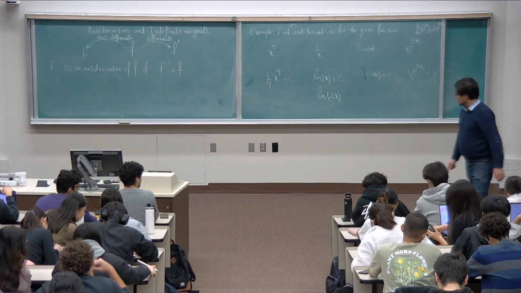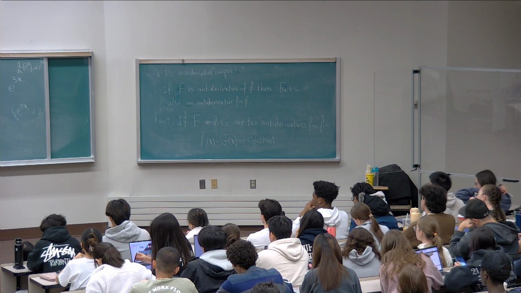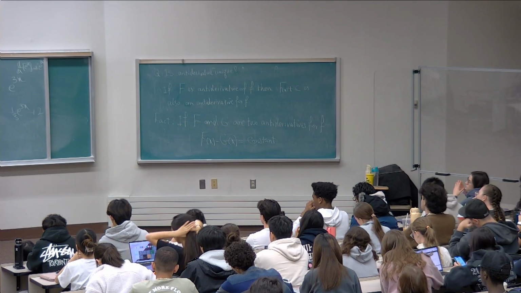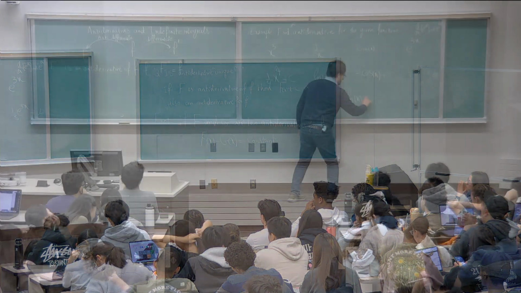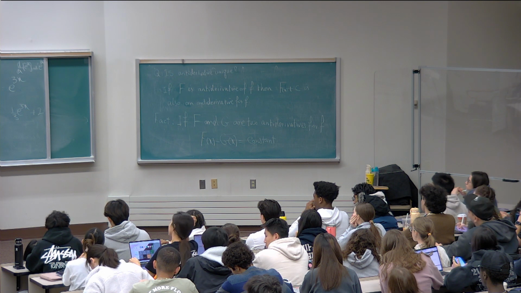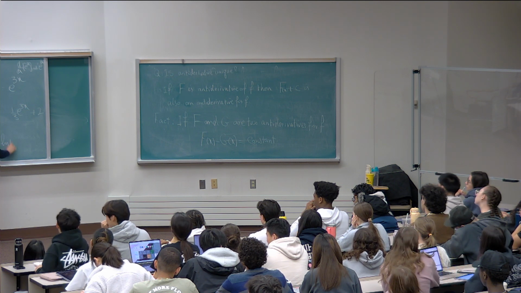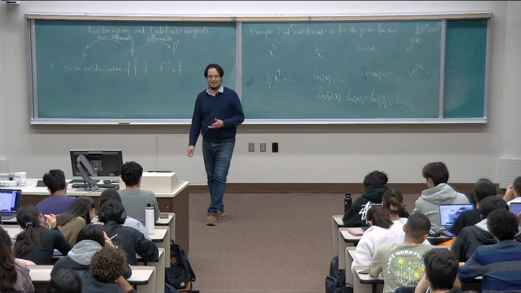If you do ln 2x minus ln x, well, let's ignore c for now, because that's at the end a constant, yes? So if you do this, then you can combine, 2x over x. Wait a minute. That's a constant.